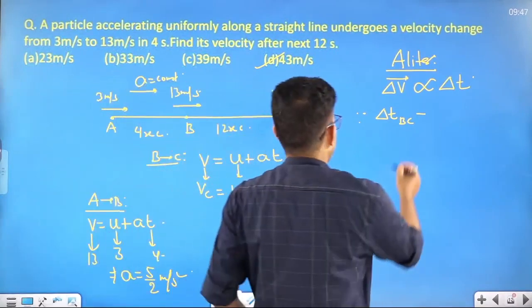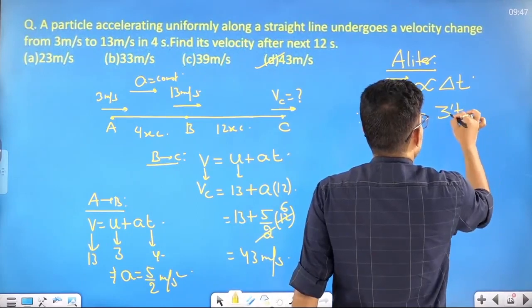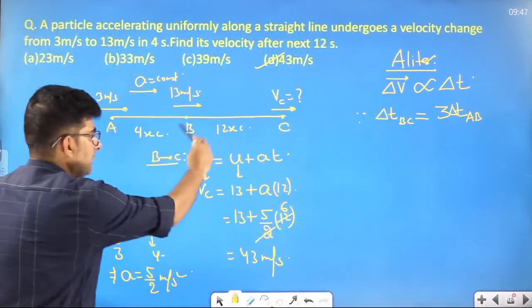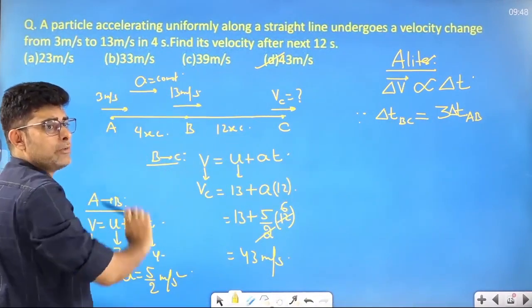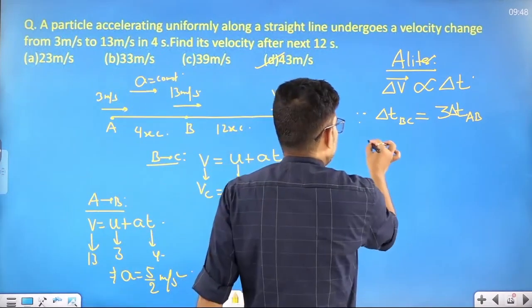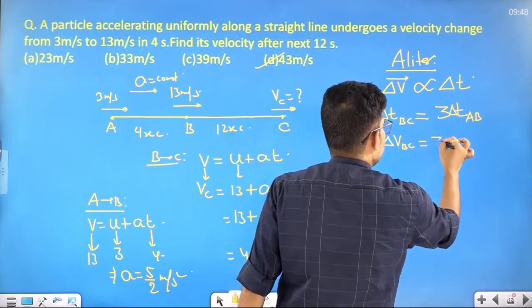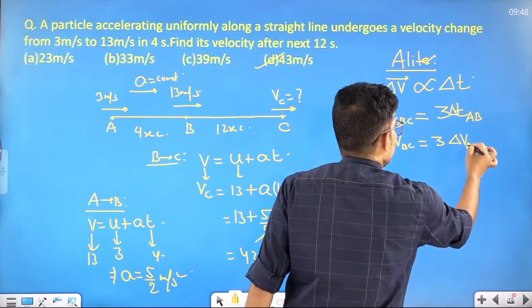You can see 12 seconds is 3 times. Can you say? The time interval from B to C is 3 times the time interval from A to B. If it is so, then what I can say, that the change in velocity in BC is also equal to 3 times the change in velocity in AB.